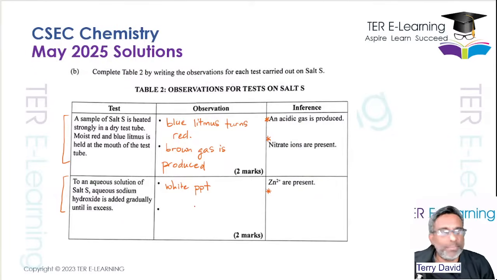A white precipitate is produced, and it is soluble in excess. So the white precipitate has to be soluble in excess. So that's all. They just wanted the observations. That's what they wanted.